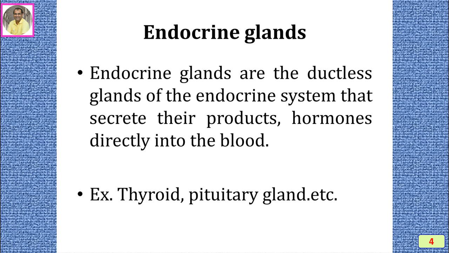Many endocrine glands exist, starting from the pineal, pituitary, thyroid, adrenal, then the pancreatic islets of Langerhans and more, including the ovary and testes, which secrete estrogen and testosterone respectively, with the corpus luteum secreting progesterone.